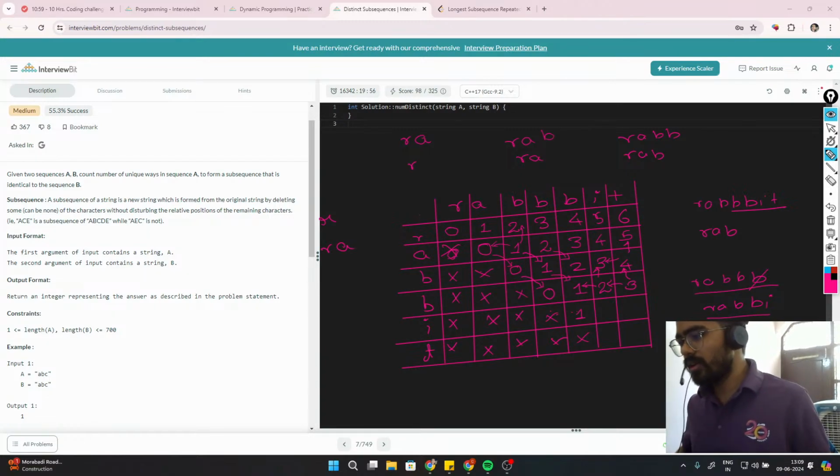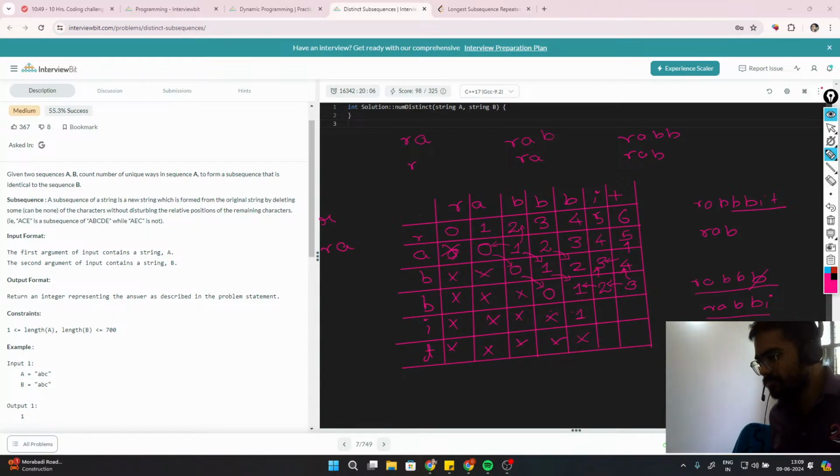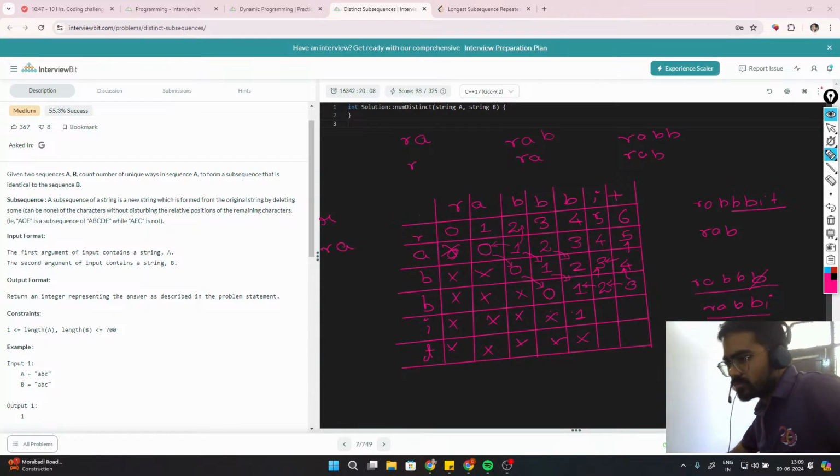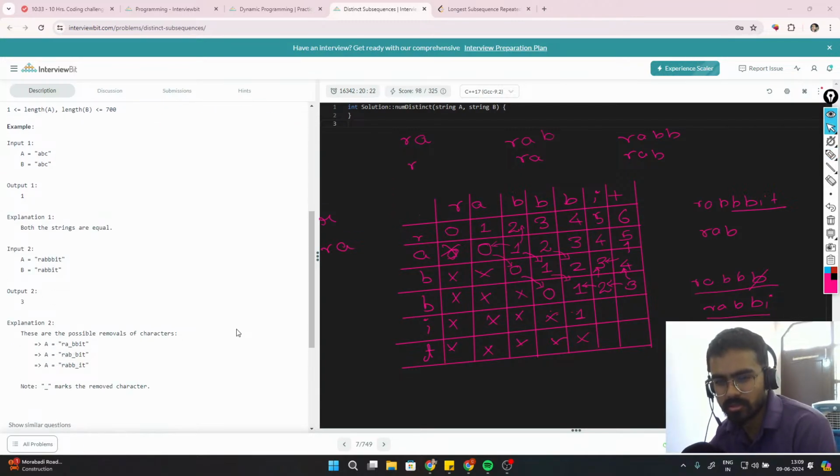Do I even need to handle the diagonals? Yes, I will have to handle the diagonals. But in this case, what will be returned? RABBB and RABBI. The diagonals did not match.